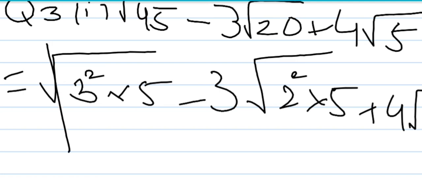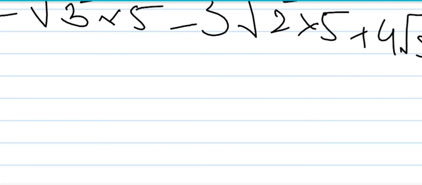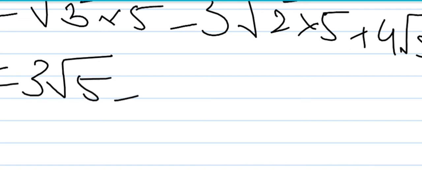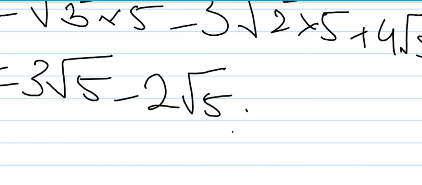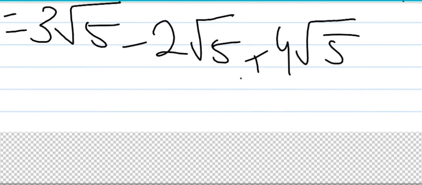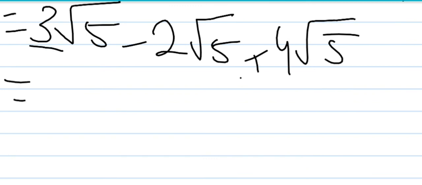Then 3 will come out. I'm not writing it separately. 3 will come out, and under root 5 minus 2 will come out, and under root 5 will remain, and plus 4 into under root 5. Then we will take under root 5 as common.